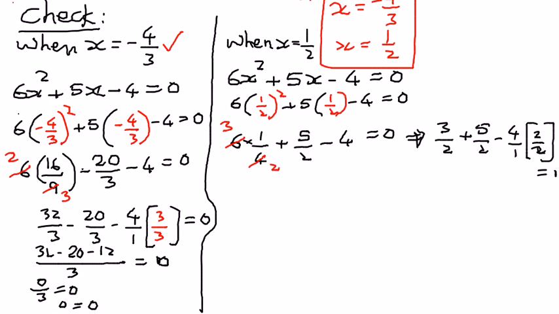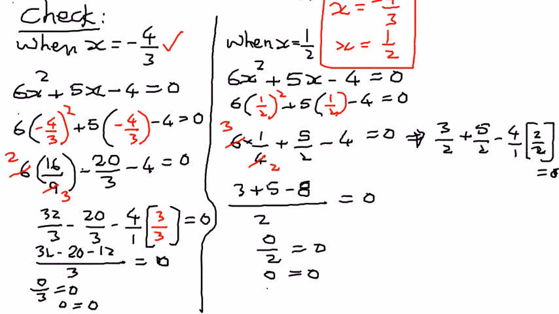The common denominator we have is 2, and the terms we need to combine are 3 plus 5 minus 8 divided by 2 is equal to 0. Okay, 3 plus 5 is 8, 8 minus 8 is 0, 0 divided by 2 is equal to 0.